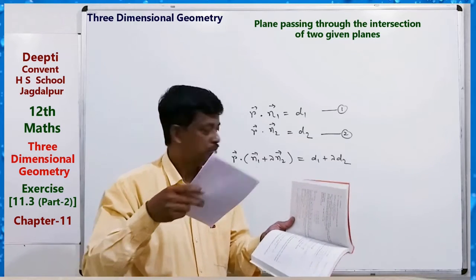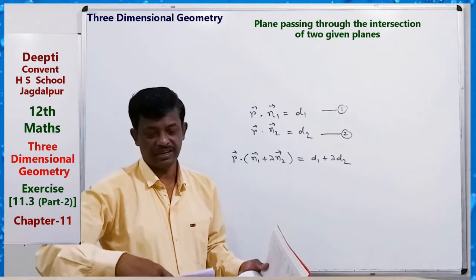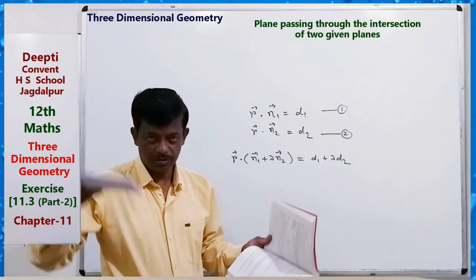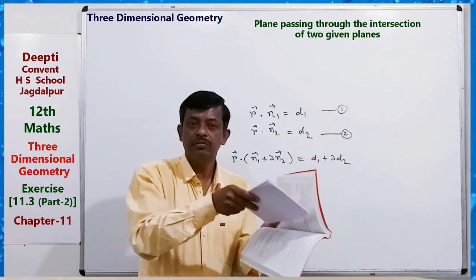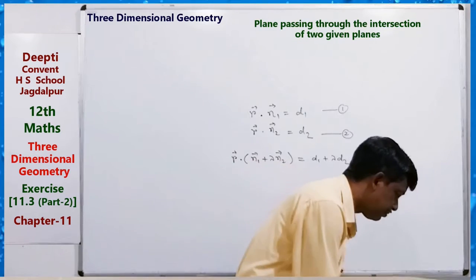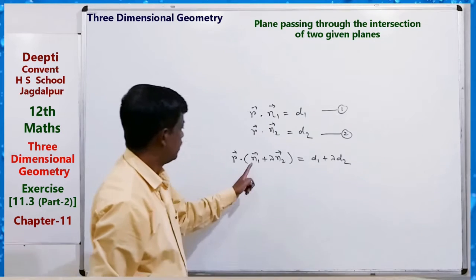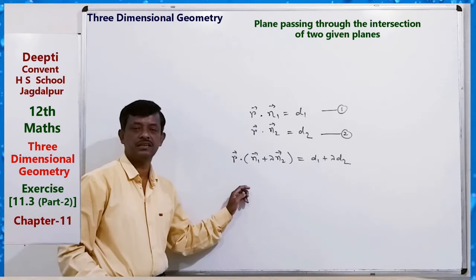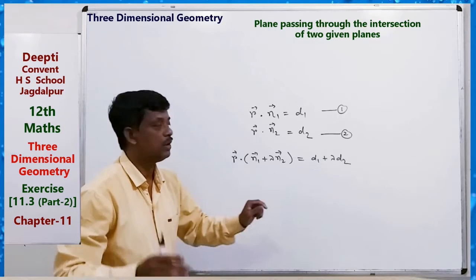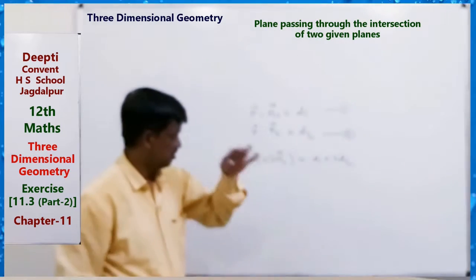So here one constant is lambda. Lambda may vary. We can get different planes which pass through the intersection of the given two planes. So here, this is the equation of a plane passing through the intersection of two planes, this and this. The intersection of two planes is a straight line.